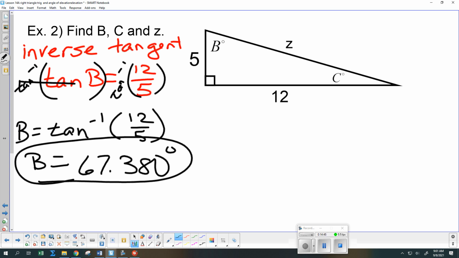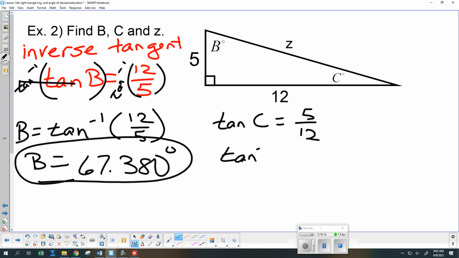Okay, C, what are we going to do there? We could do triangle sum, but if I got this wrong, then I'm guaranteed to have C wrong. So the best way would be to say that the tangent of C is opposite over adjacent.